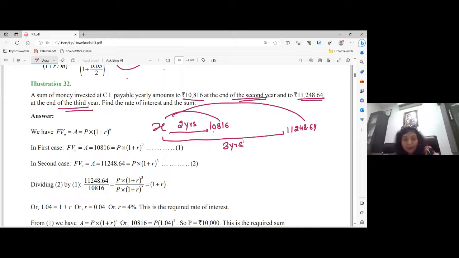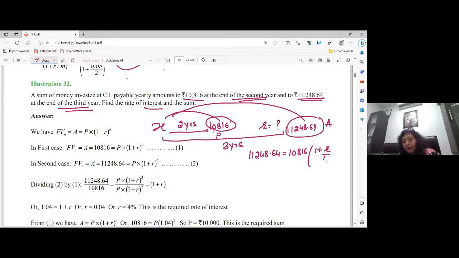So in case of compound interest, whatever amount you are getting after 2 years, that becomes your principal. This becomes your amount. You will get rate of interest from here. So we have to find out interest rate. So formula is 11248.64 equals 10816 into (1 plus R upon 100) to the power 1, because this is after 1 year.